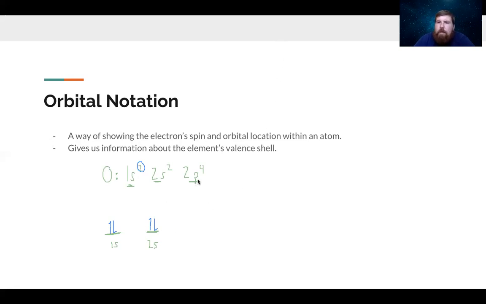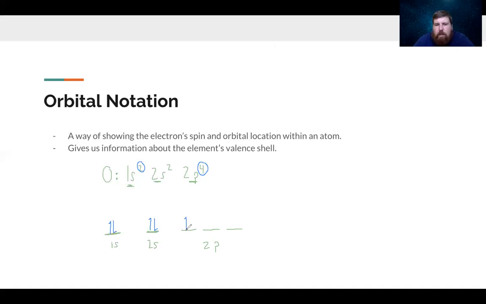And then last but not least, we know that for the 2p sublevels, there are three orbitals. So we're going to draw three 2p orbitals per energy level. As far as this goes, I have 4 electrons, which I need to orient and put into these orbitals. If you're paying attention, there's a couple ways you can do this.